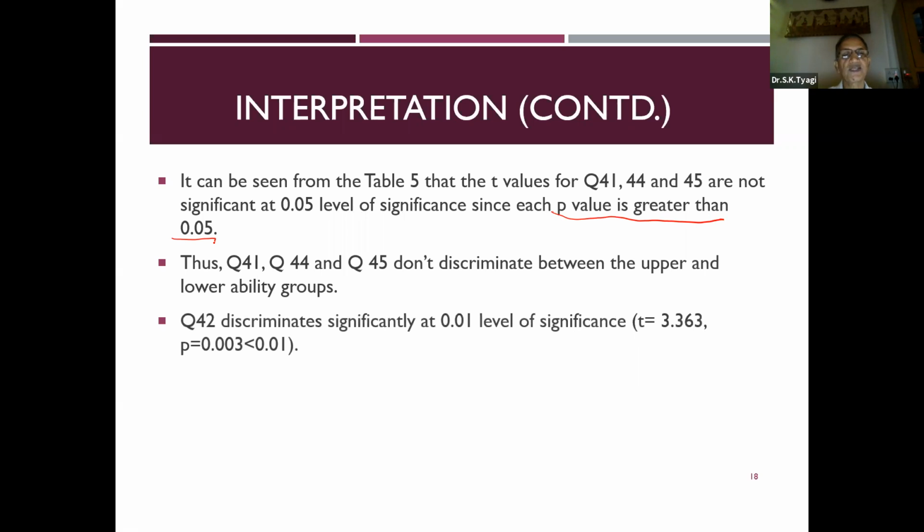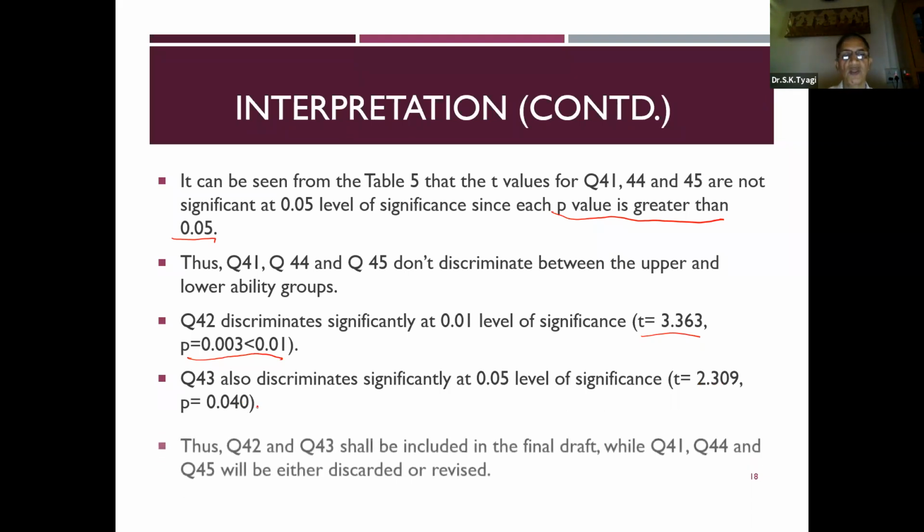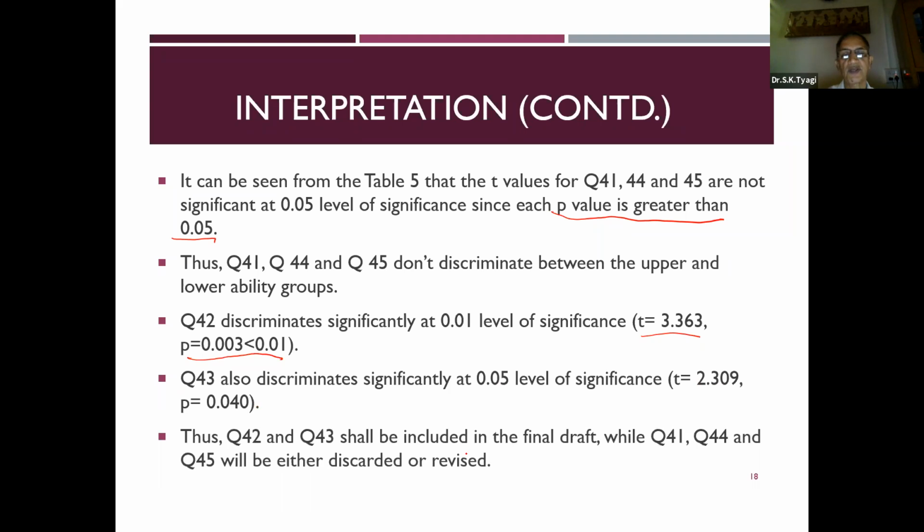Question 42 discriminates significantly at the 0.01 level because the t-value is this much, and the p-value is less than the alpha level of 0.01. Question 43 also discriminates, but at the 0.05 level. 42 and 43 shall be included in the final draft, while 41, 44 and 45 will be either discarded or revised.